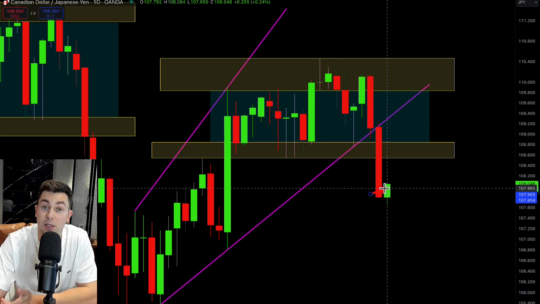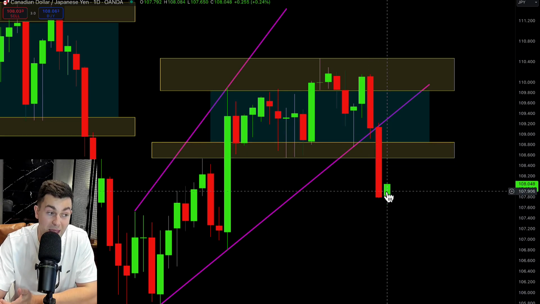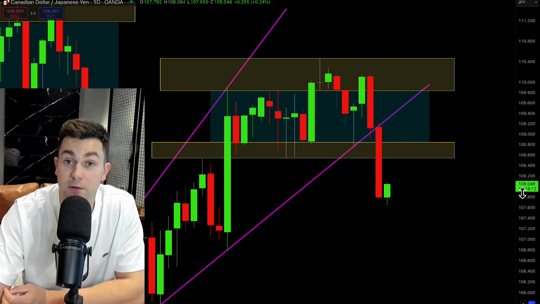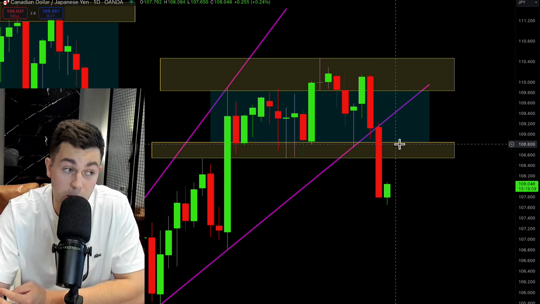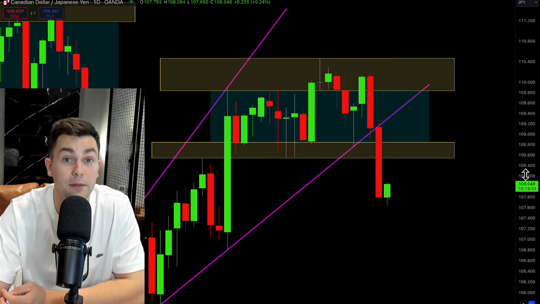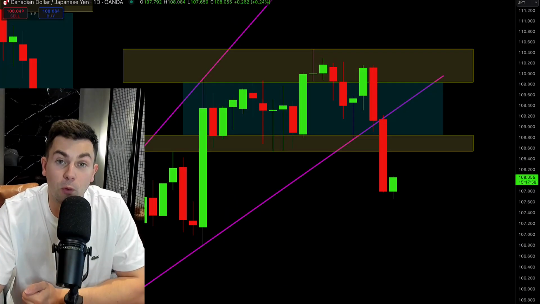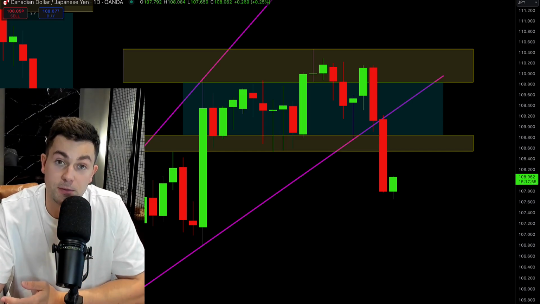But you can see that it was violated. With this bearish candle, the market easily violated that demand zone. And after the breakouts, the demand zone turns into a supply zone, and the broken supply zone turns into a demand zone.